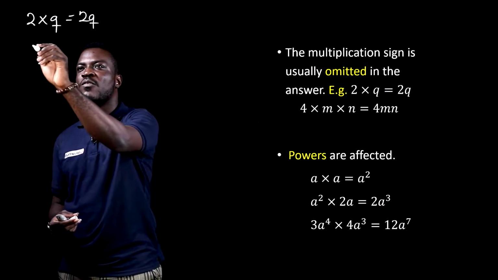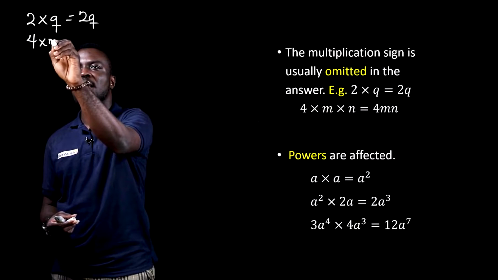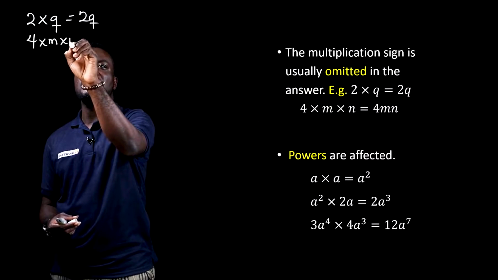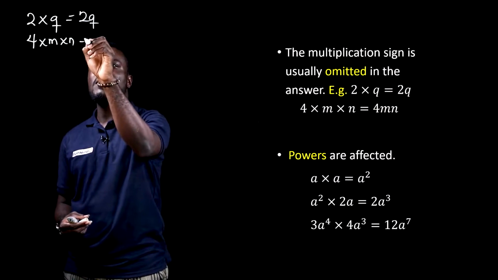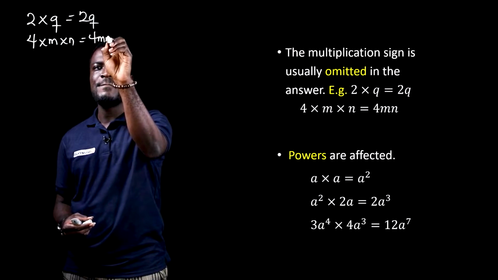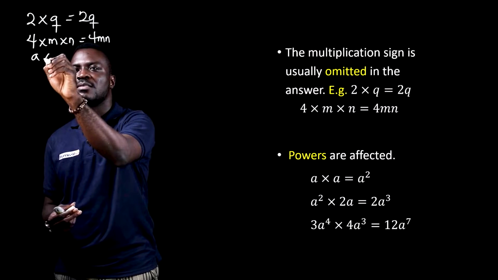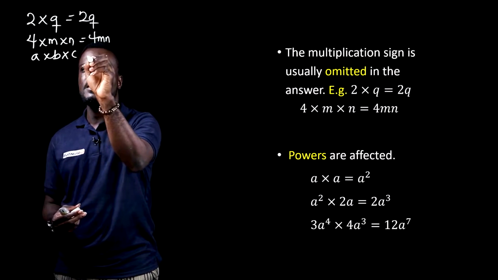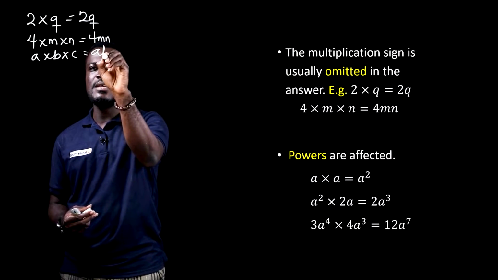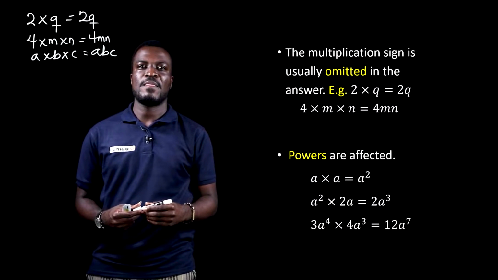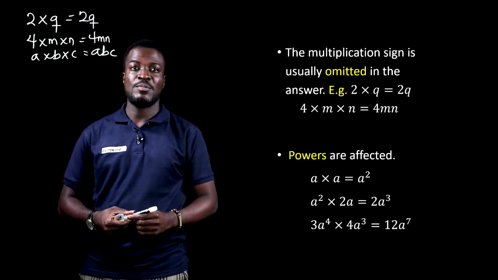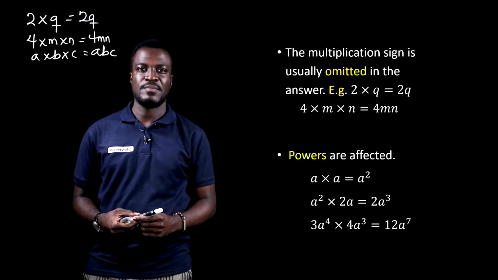Same way, if you have 4 multiplying M and then an N, this will give us 4MN. If you have A times B times C, this is going to give us ABC. So when we multiply, we omit the multiplication sign.